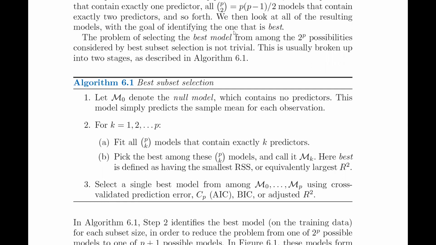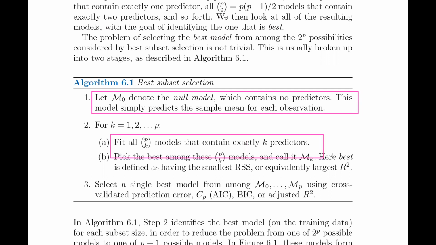You have P predictors. And you're going to look at the fit with no predictors, and then when k is 1, you'll take each of the P models with a single predictor.